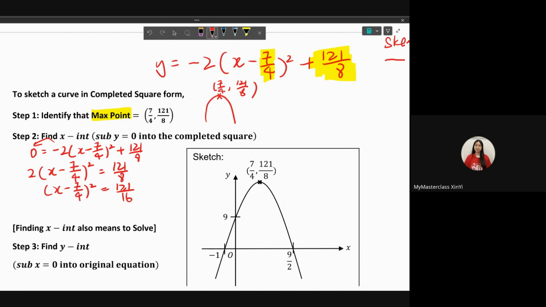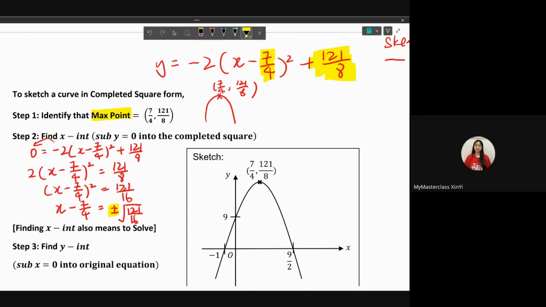Then this perfect square comes in handy because you can square root it. The reverse of square is square root, so to get rid of the square, you square root both sides. Recall that when you square root a value, always include the plus minus sign. So this becomes ± the square root of 121/16. You know your quadratic functions will always have two values because of this plus minus.